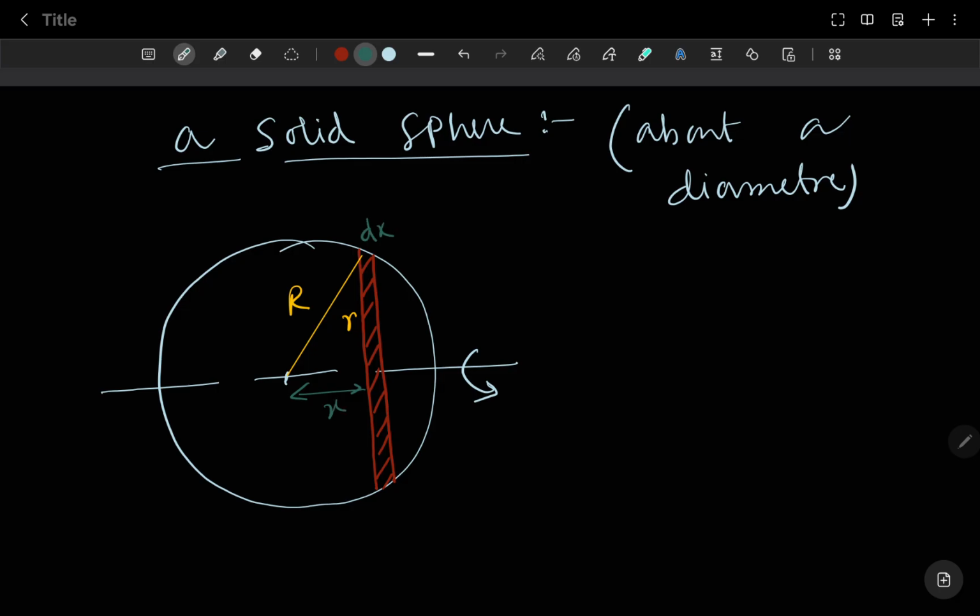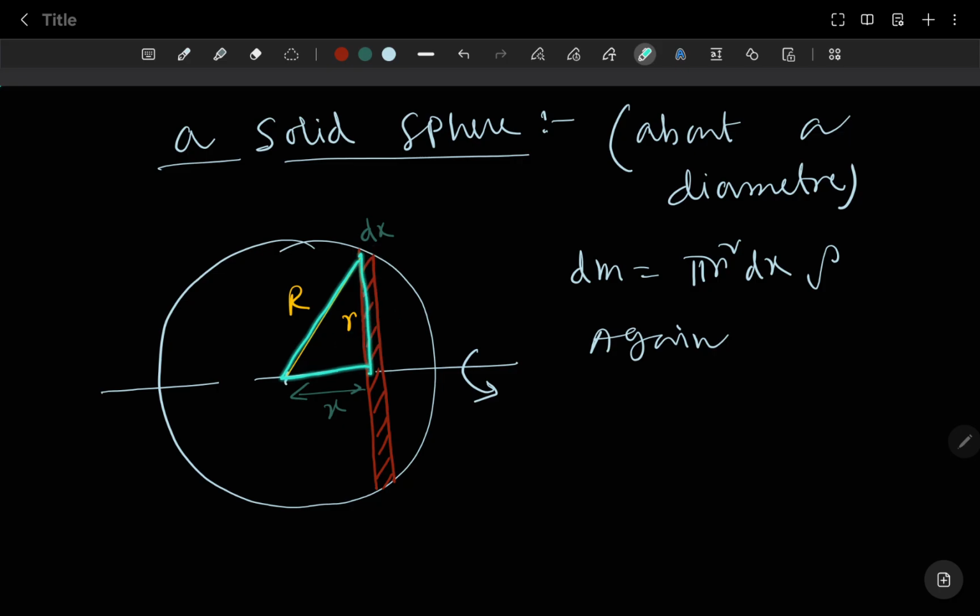First, the mass of this disc, dm. The volume is pi r square h, pi r square dx, into density rho, right? So it will be dm. Now what is r? Can you see this triangle now? This is r, this is capital R, this is x. Clear?